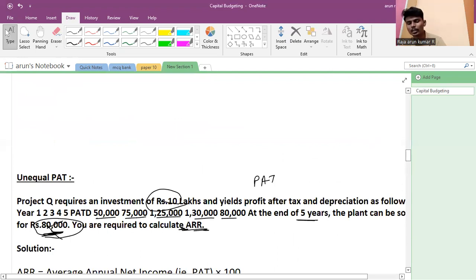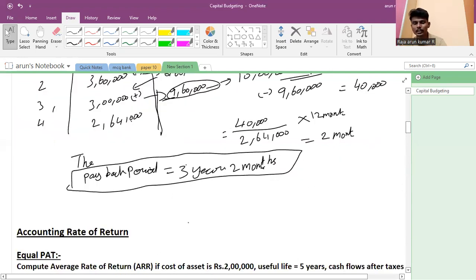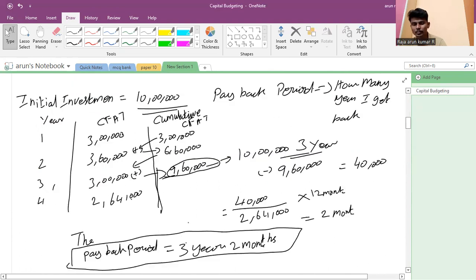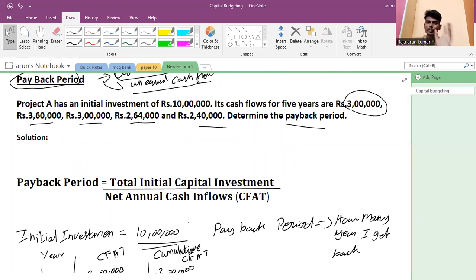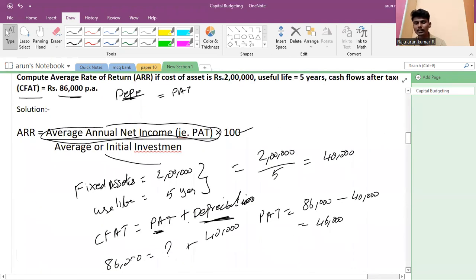There is no big deal with the payback period and ARR sum. There is a simple concept. In the payback period, we find out the number of years in which we get back our investment. In ARR, we find out how much percentage of profit we get as return in a particular year or particular period, known as average rate of return, accounting rate of return.